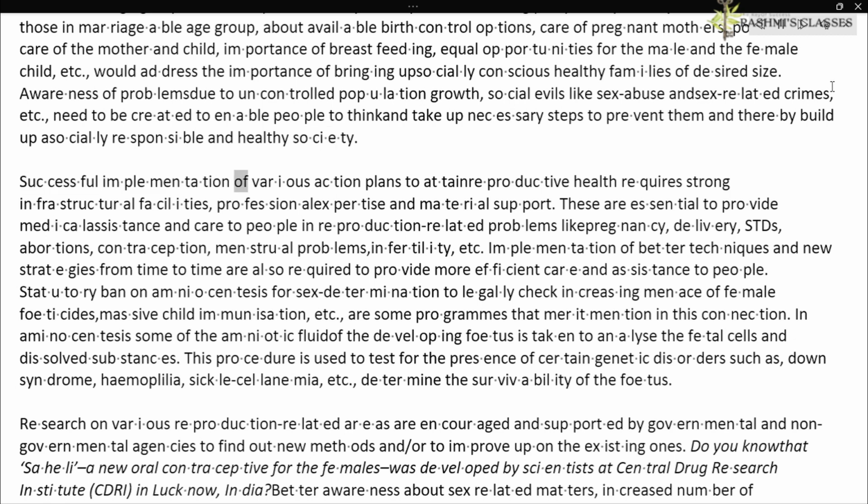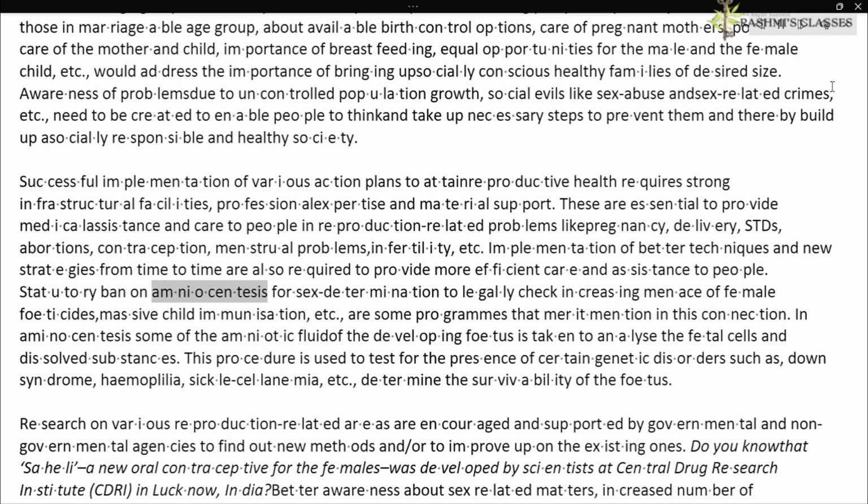Successful implementation of various action plans to attain reproductive health requires strong infrastructural facilities, professional expertise, and material support. These are essential to provide medical assistance and care to people in reproduction-related problems like pregnancy, delivery, STDs, abortions, contraception, menstrual problems, infertility, etc. Implementation of better techniques and new strategies from time to time are also required to provide more efficient care and assistance to people.